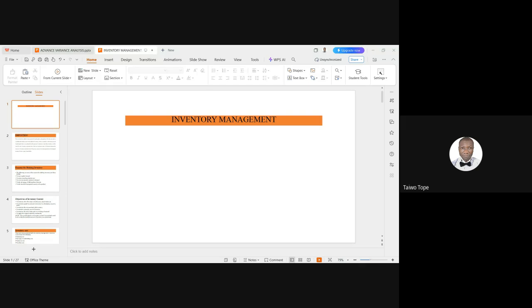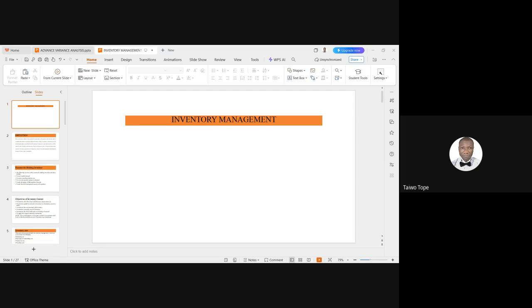So it's a process of controlling a company's stock of goods. And the stock of goods can include what? Raw material, work in progress, and finished goods. And the essence of inventory management is to ensure that the right quantity of inventory is available at the right time without tying up too much money in stock or running out of stock.